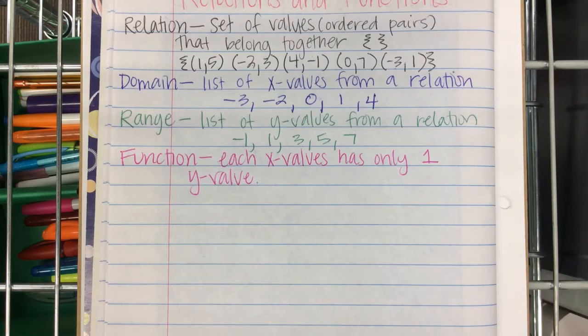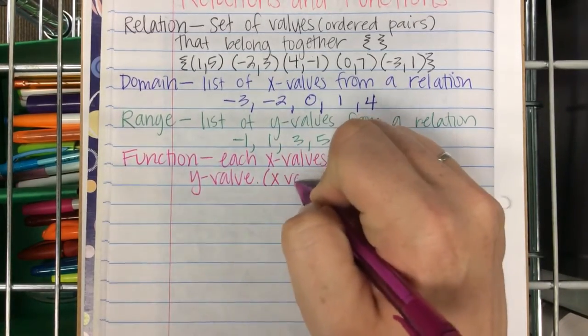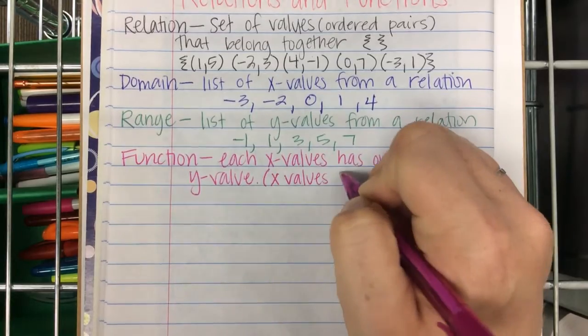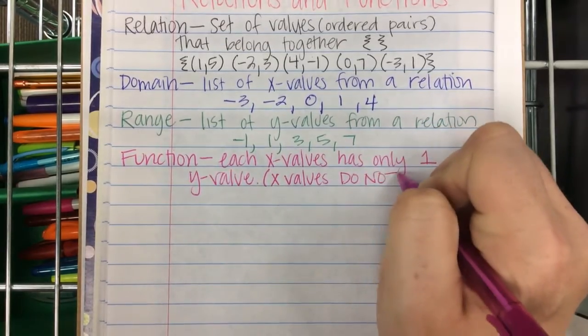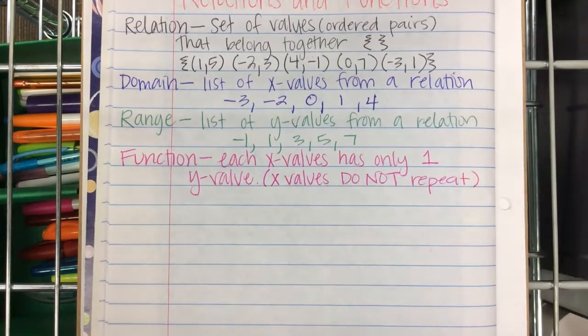Each x value has only one y value. We can simplify that a little bit. The x values do not repeat. If you have 2 3s in your domain list, it's not a function.